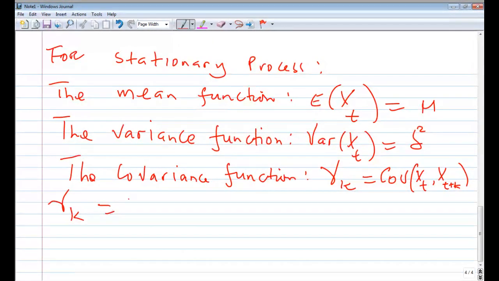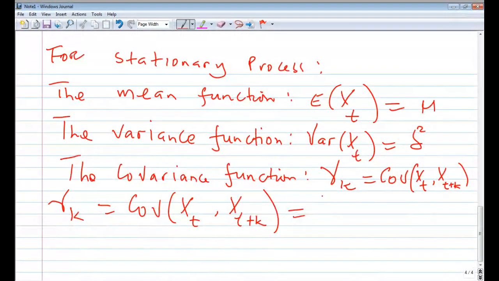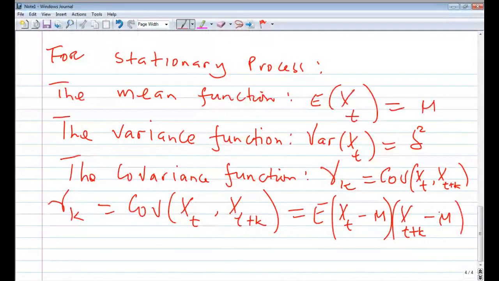Gamma k equal to the cov of xt, xt plus k, which is equal to, in terms of the expectation, the expected value of xt minus mu times xt plus k minus mu. See now, mu doesn't have t because it's stationary. This is how you define the mean function, the variance function, and the covariance function.